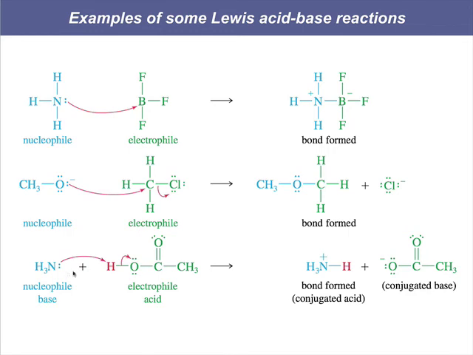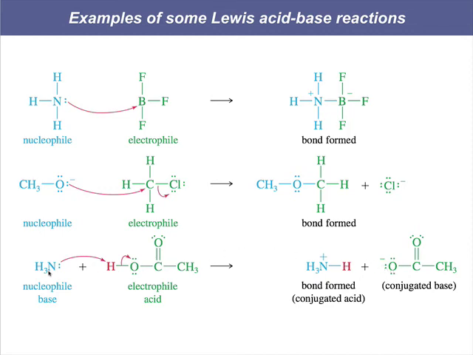Same idea here. In this reaction, again, if we compare reactants to products, the nitrogen is becoming attached to a hydrogen, and the hydrogen is getting detached from its oxygen.